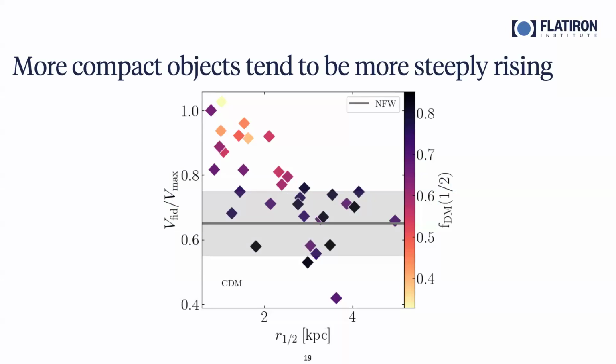Roughly, the more extended, more disky objects tend to be spun up by very tangential mergers. There's some exchange of angular momentum between the host and merging objects that can help you create the more extended objects. You can get that from other effects as well, but that's one effect we're seeing.